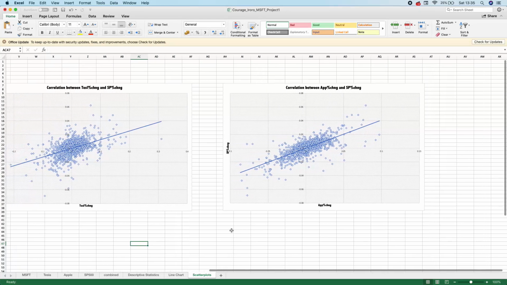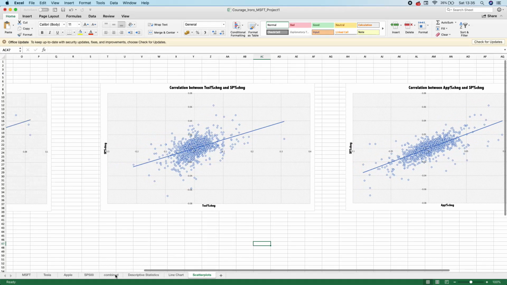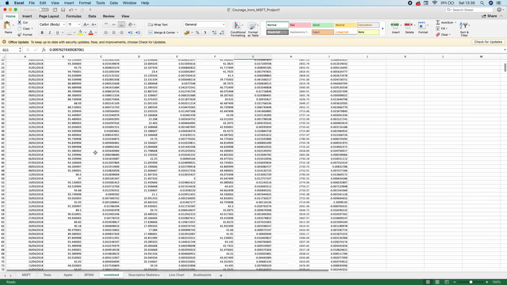So this is just how you can use Excel to perform first-hand analysis of your data. Nothing too complex, just to get an overview of what is going on in the data, because looking at these values, you can't really say what is going on. It just looks like a bunch of numbers.